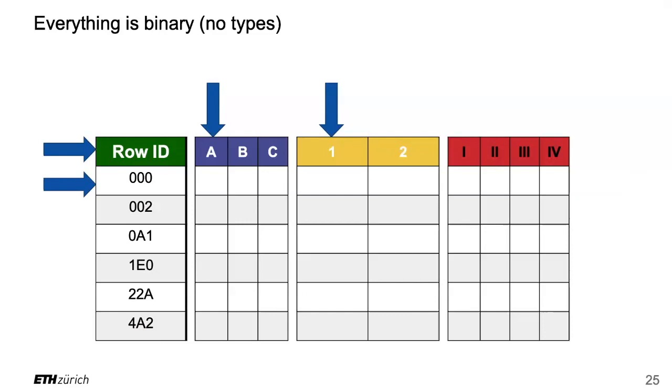So what happens? Does it mean we cannot use types? Yes, of course we can use types, but it's your problem as a user to deal with that. HBase doesn't care about types. So you can have, of course, in the libraries in Java and in other languages, some nice functions that add a convenience layer to handle types, but HBase doesn't care. Everything is just a sequence of bytes. Does that make sense?